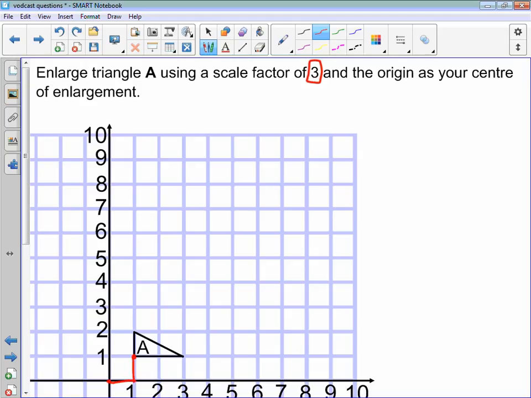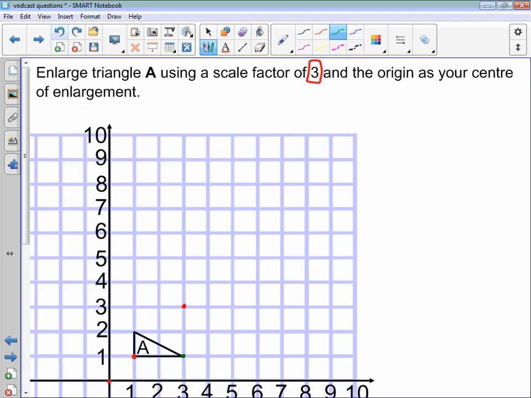So I need to multiply those distances by 3 to find out where I need to go on my new triangle. So I need to go right 3 and up 3 to find where I need to go for my new one. So that corresponding corner would be there on my new triangle.